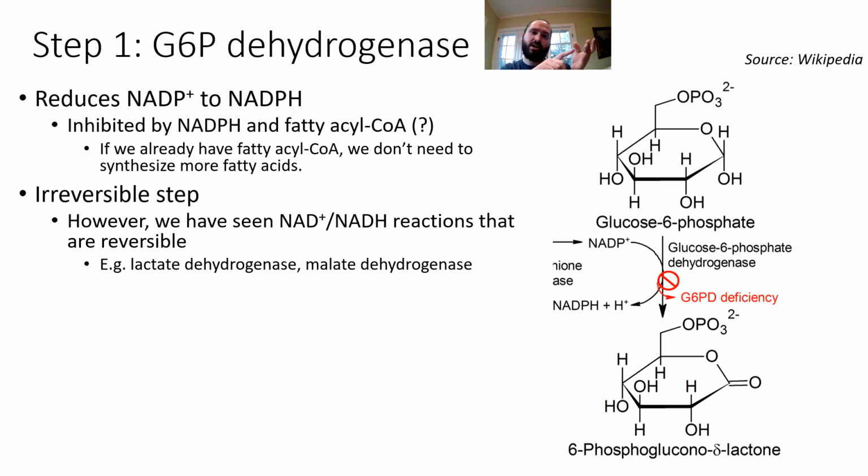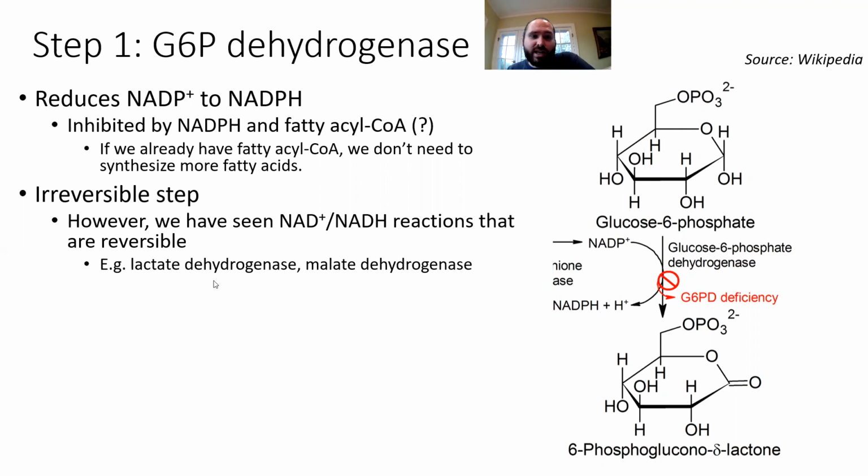Malate is then in the cytosol. Malate can then be oxidized back to oxaloacetate. So that's when we will get back actually our NADH that we used to reduce oxaloacetate to malate in the matrix of the mitochondria. So that is a reversible reaction, and we get our NADH back that we put in.